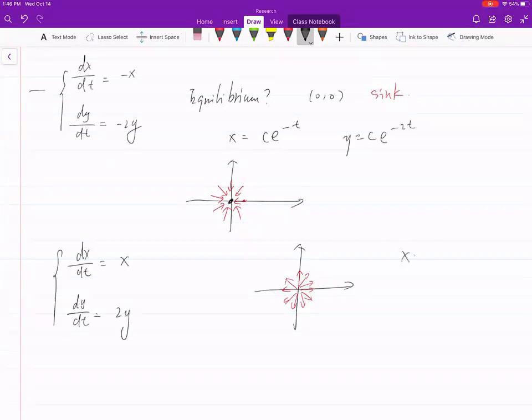Then you have x equal to e to the t, y equals e to the 2t, of course, with a constant. Yeah, I better put it. As long as you're positive, you will go to infinity. You never come back. That's going to be a source.